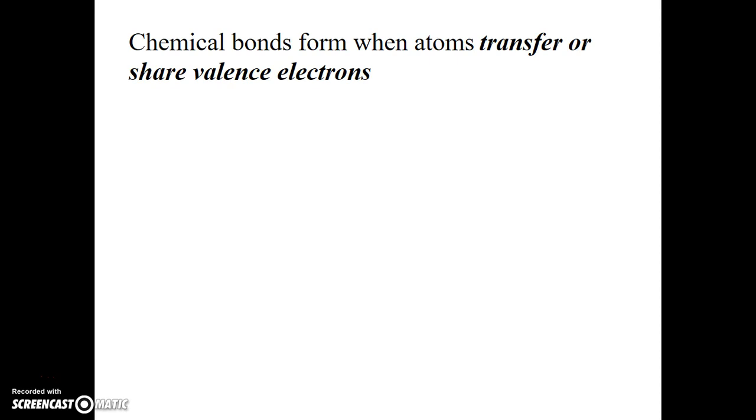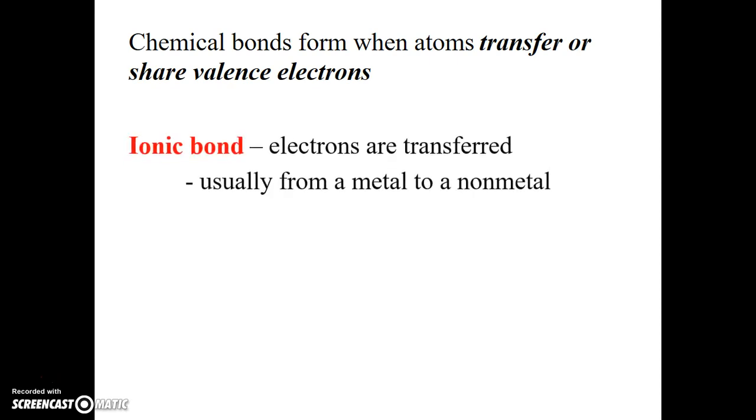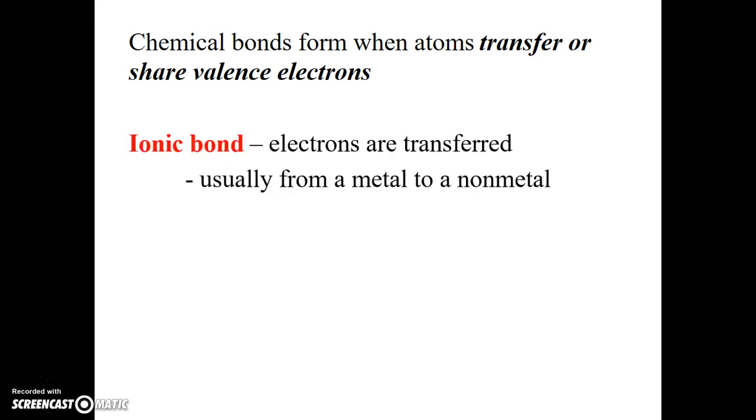So chemical bonds involve valence electrons. Atoms can either transfer, meaning gaining or losing valence electrons from one to the other, or they can share valence electrons as a compound forms. In an ionic bond, the electrons are transferred.